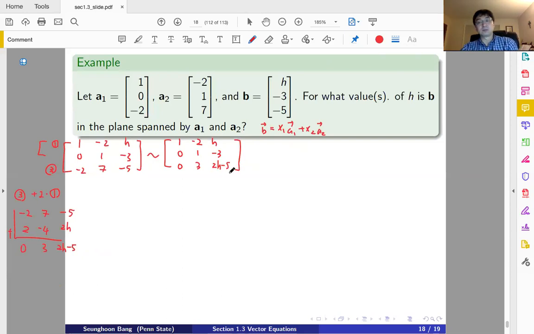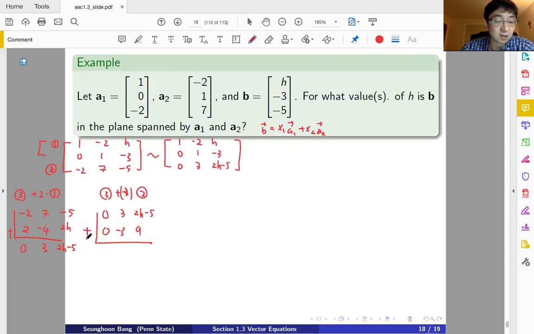The next step: this is the second row, this is the third row. How can I eliminate the 3? We use third row plus negative 3 times second row. The third row is 0, 3, 2h minus 5. The negative 3 times the second row is 0, negative 3, and negative 3 times negative 3 is positive 9.